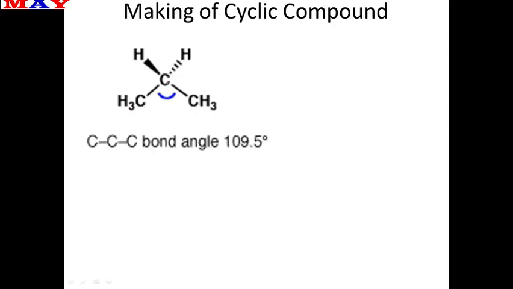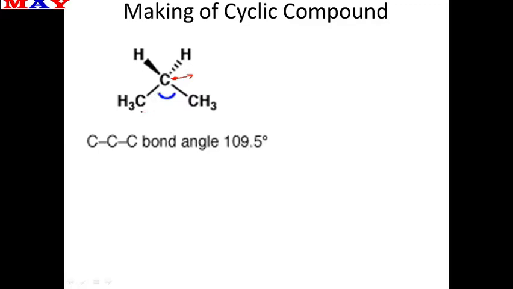This is the open chain structure of propane, which has 3 carbons, and we know that this carbon is sp3 hybrid, and the bond angle should be 109.5 degrees in a saturated sp3 hybrid carbon.